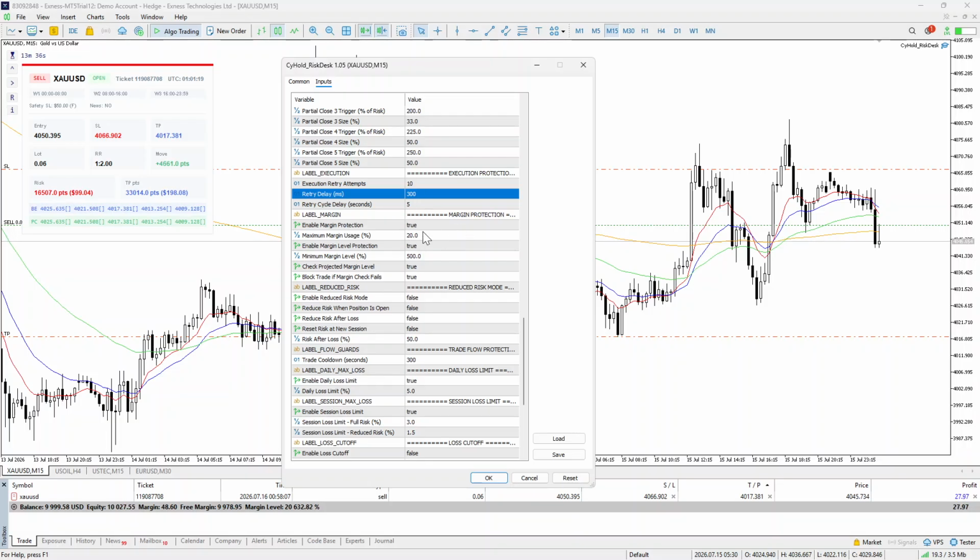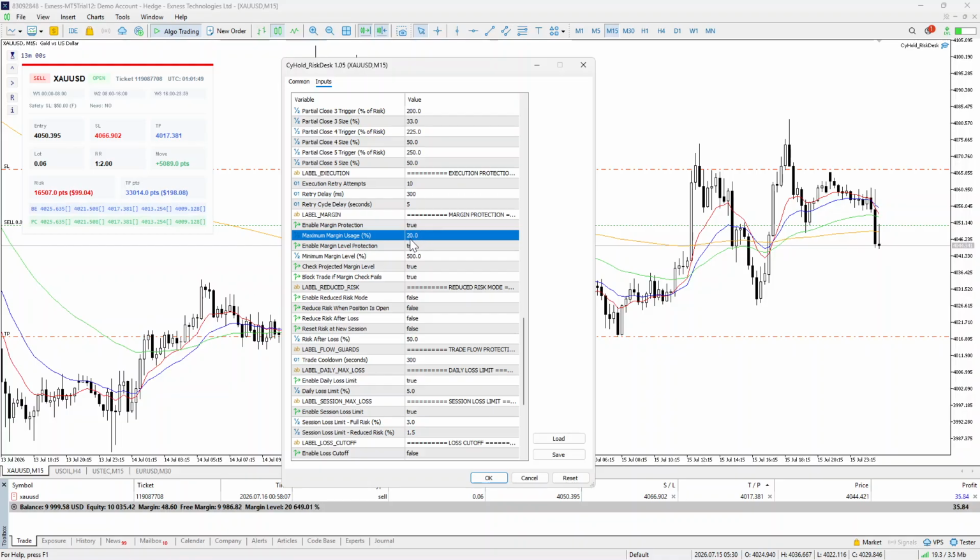Here, margin, it's about when you open the trade, the maximum that this trade can use of your margin. For example, the maximum that the trade can use of the margin you have is 20%. So if it gets an amount of lots that would need 40% of your money, it would not open, it would block because the maximum allowed is 20%.